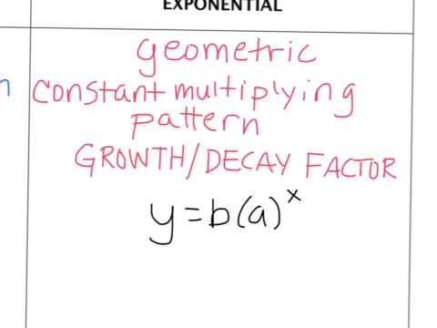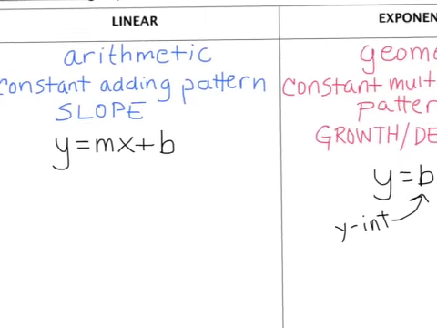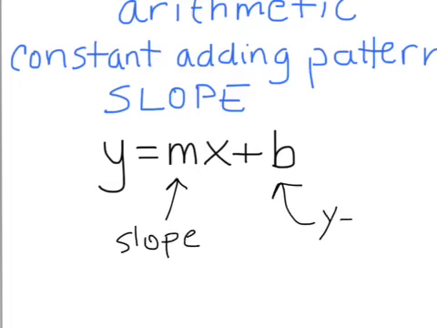And remember, we need that exponent to get at the repeated multiplication of that a. And that a right there is our growth factor, or decay factor, but for now they've been growth factors. And the b is the y-intercept. And then, of course, for y equals mx plus b, we've already spent a lot of time with that equation. That m would be the slope, and the b is the y-intercept.